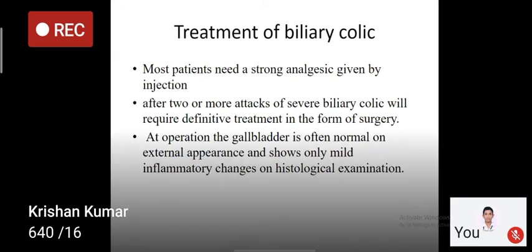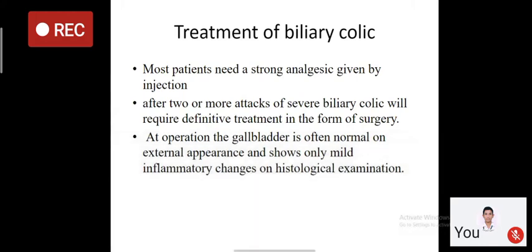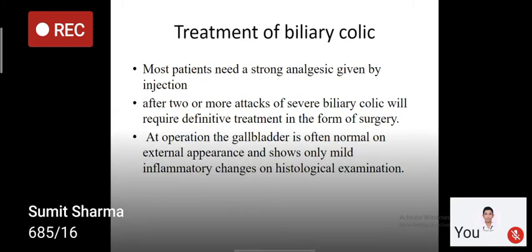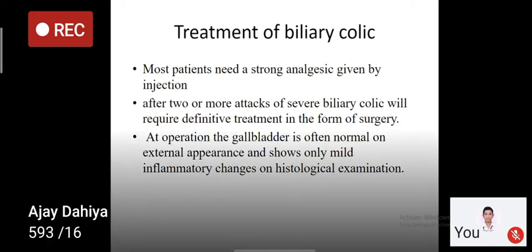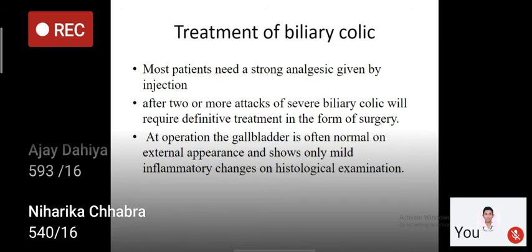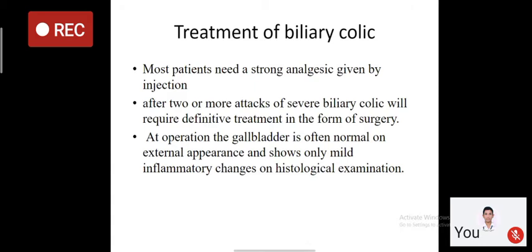So if you do cholecystectomy in a patient of biliary colic, during the surgery you can find that the gallbladder is usually normal on gross appearance, and even on histopathology there will be only mild inflammatory changes, whereas in a patient with acute cholecystitis or chronic cholecystitis you will find the gallbladder is thick walled, it is contracted, and it will be pathological on gross appearance as well as on histopathological examination.